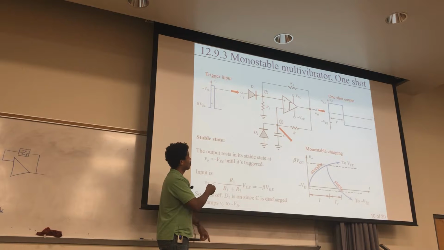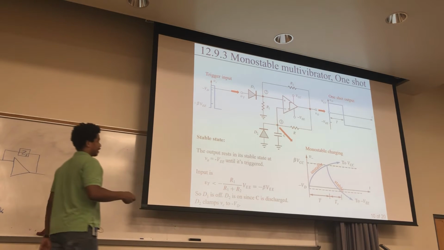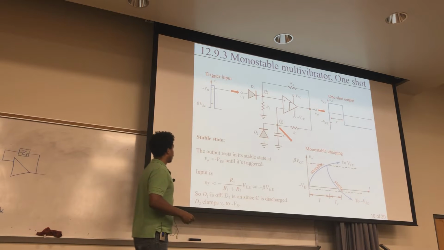Yeah, exactly. Because for it to be forward biased, this voltage has to be higher than this voltage, and it is if that's going to be negative, because that's 0. So that's on, right? And C is going to discharge until it gets down to a particular value.